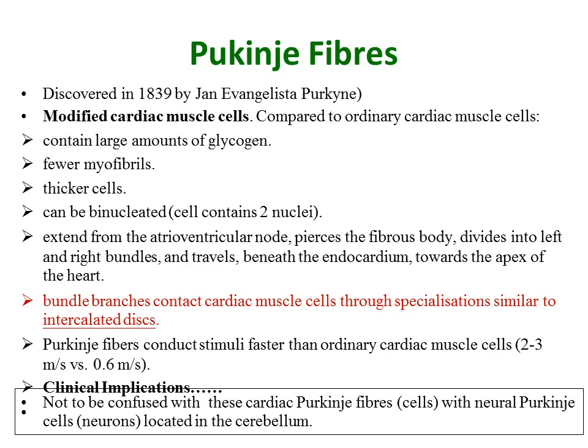This is what distinguishes them from the usual cardiac muscle. They convey the stimuli faster than ordinary cardiac muscle cells, about 2 to 3 meters per second versus 0.6 meters per second in cardiac muscle.